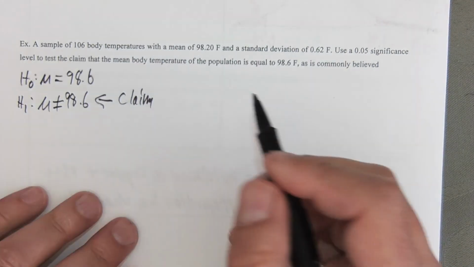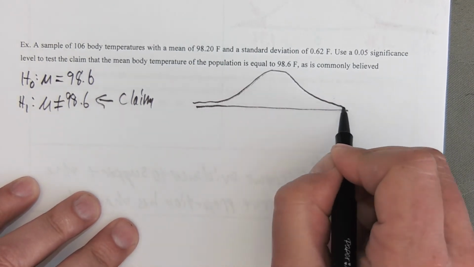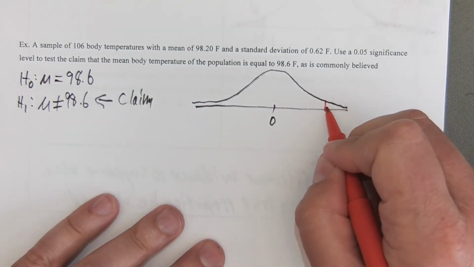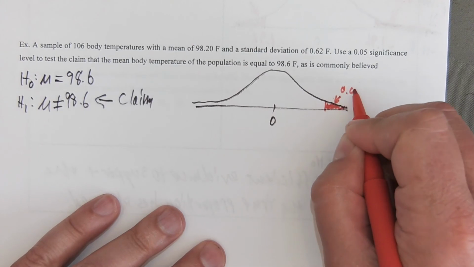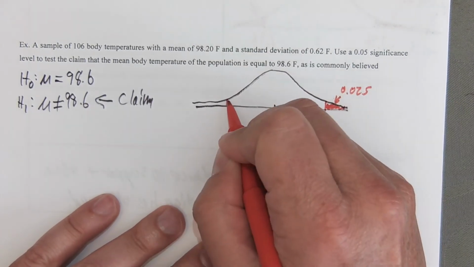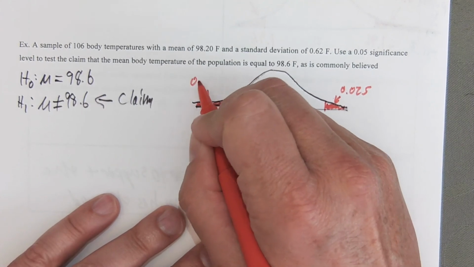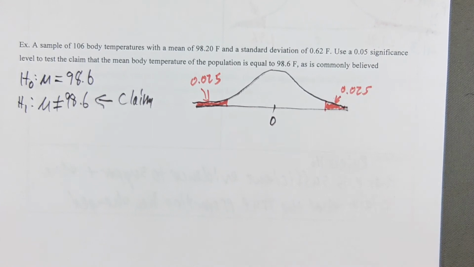So we're going to draw our picture. And if you remember, not equal to means that we split into a two-tail. So each of these get half of the alpha, which in this case is 0.025. That's our critical region.